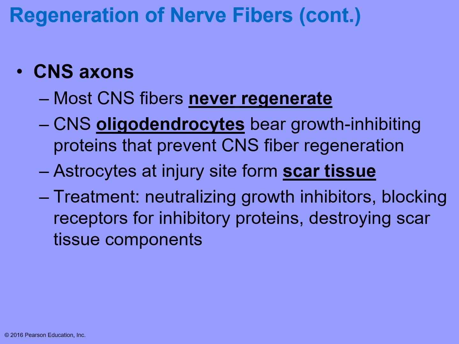Most of your central nervous system axons will never regenerate. There are certain growth inhibiting proteins in the oligodendrocytes that prevent the fibers from regenerating, and the astrocytes tend to form scar tissue.